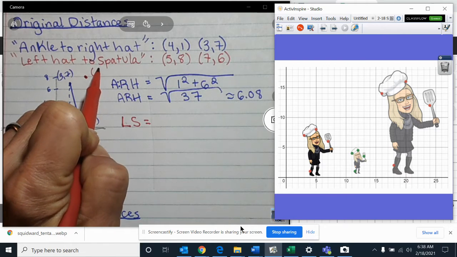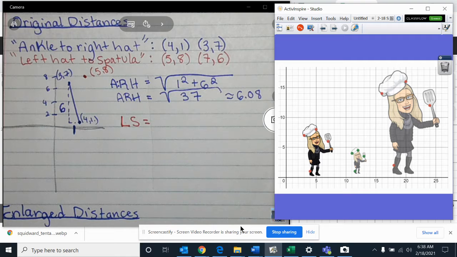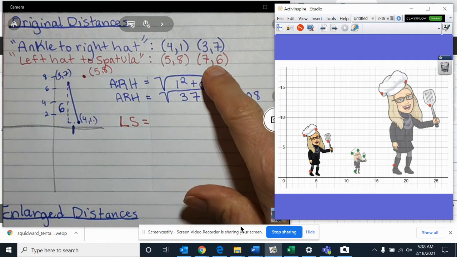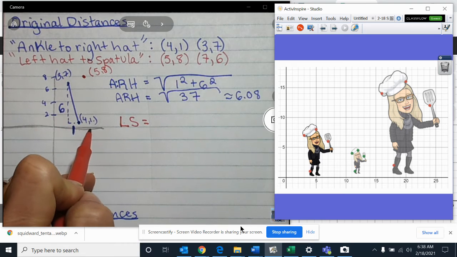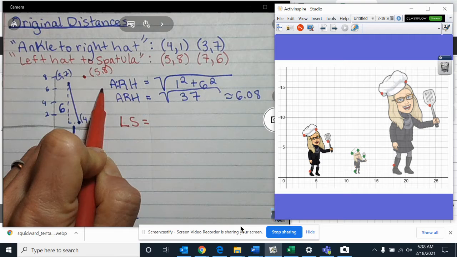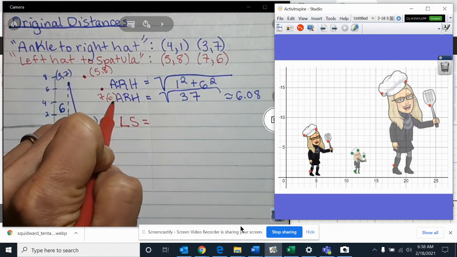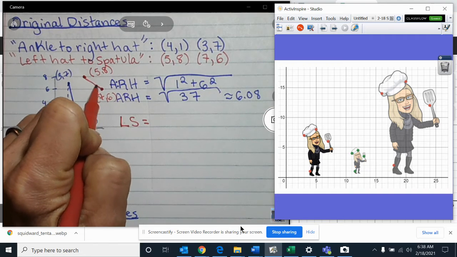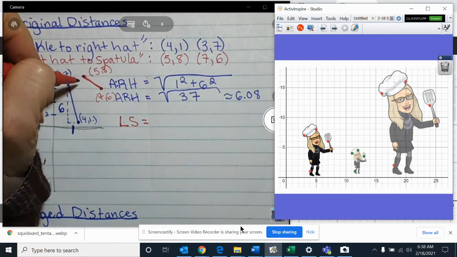And label that at 5, 8. Then the second point at 7, 6. We need to go further out this way to 7, but up to 6. And notice this line. And now we need to create our triangle.